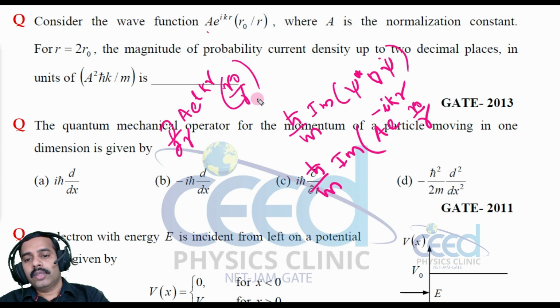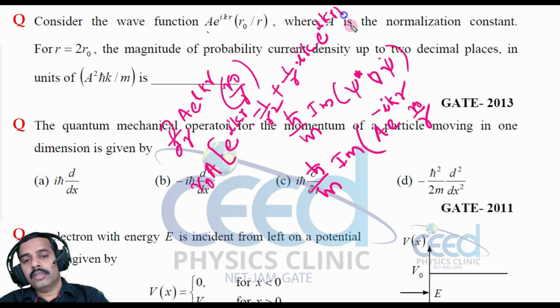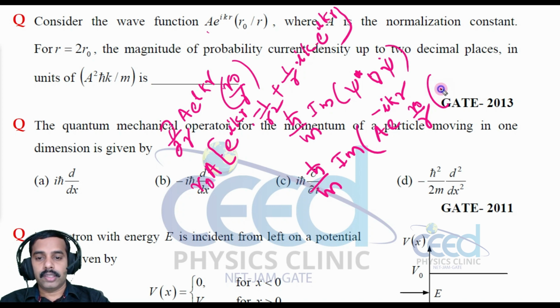Let me take r0a all around and differentiate this part: first function into differential of second, that is minus 1 by r square, plus second function into differential of e raised to ikr, that is ik into e raised to ikr. So we have to substitute this here, right? So r0a into e raised to ikr.